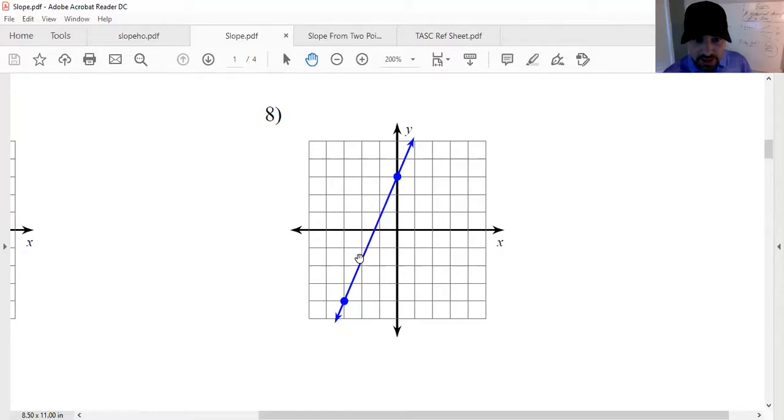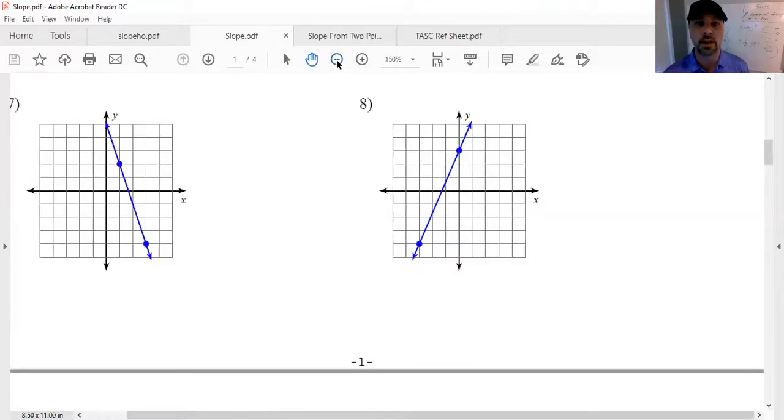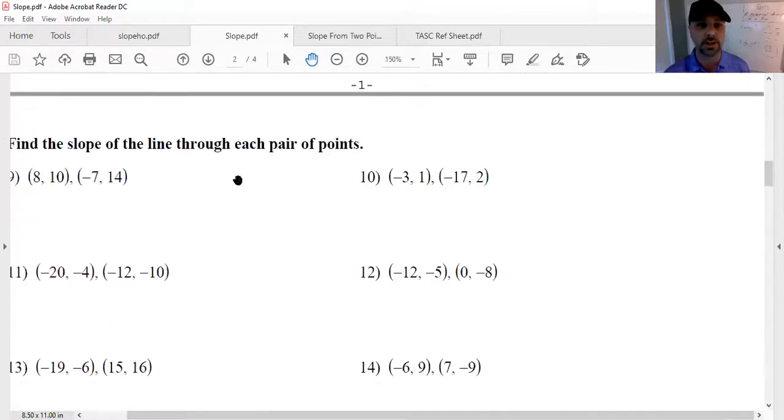If you follow this down, it really doesn't go through an intersection again until here, okay? So if you have to pick your own points, if they're not on there already, you need to find 2 spots that the line crosses at a perfect intersection in the grid. Hopefully that makes sense. Okay, if not, ask me, I'll give you more explanation.